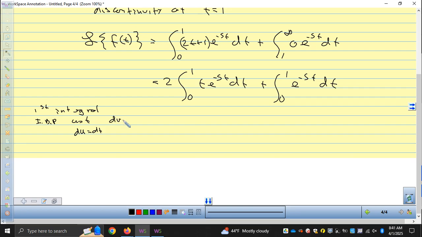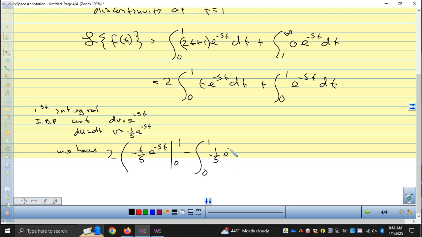Probably done this one before. dv is e to the minus st, and v is negative 1 over s e to the minus st. So we have 2 times u times v, negative t over s e to the minus st, and we're evaluating that from 0 to 1, minus the integral from 0 to 1 of v du, minus 1 over s e to the minus st dt.